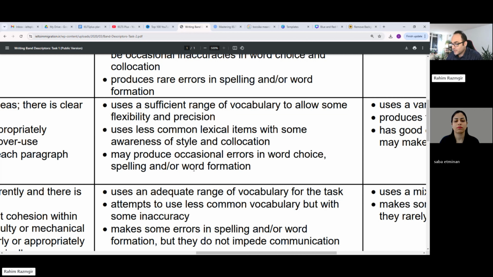And in case people are wondering what word formation is, it's the difference between verb, adjective, noun, adverb, basically the family members of the same word. So for example, let's give an example for word formation, let's say formation, verb form. Formation is the noun. What other things can we say?